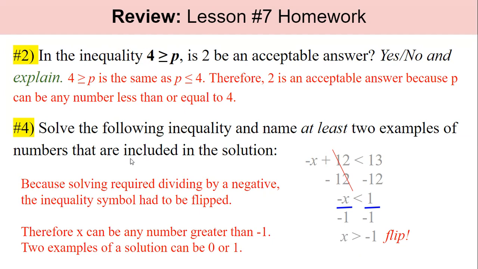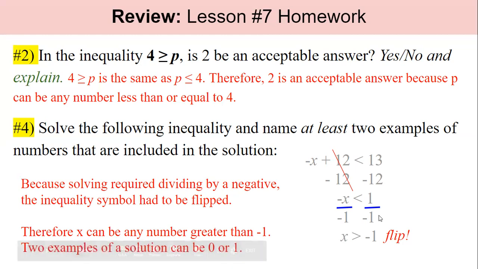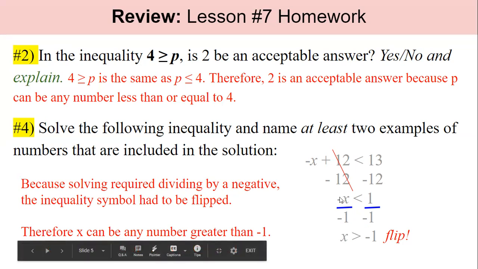For the next one, it said solve the following inequality and name at least 2 examples of numbers that can be included in the solution. So you were given this inequality to solve. And as shown, first you subtract 12 from both sides. 13 minus 12 is 1, and you bring down that negative x. Now there's an imaginary negative 1 multiplying that x, so you have to divide both sides by negative 1, okay? This seemed to catch a lot of folks, so please make sure that you're doing that. And of course, like the rule stated on the previous slide, when you multiply or divide by a negative, you have to flip that inequality symbol, okay?